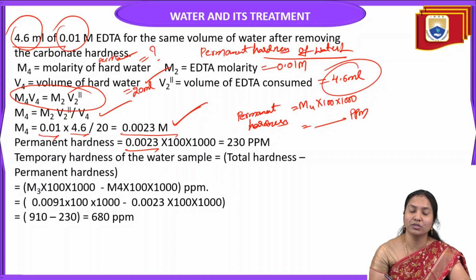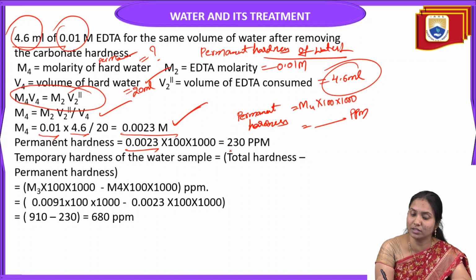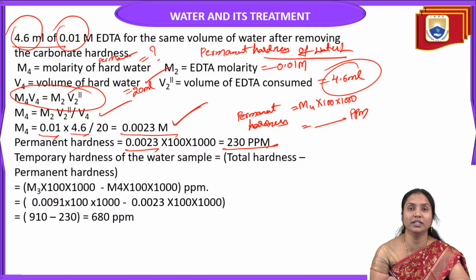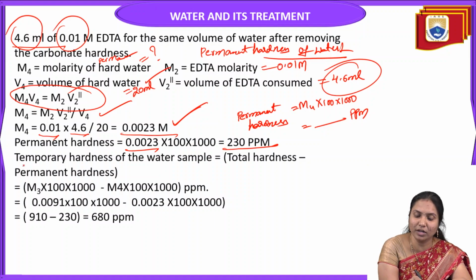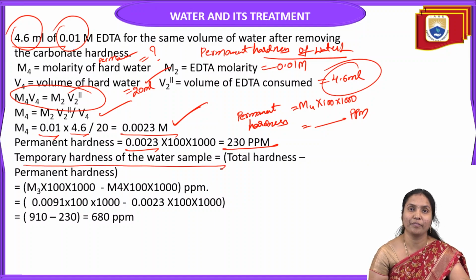After calculation, you get the permanent hardness of the given water as 230 ppm.